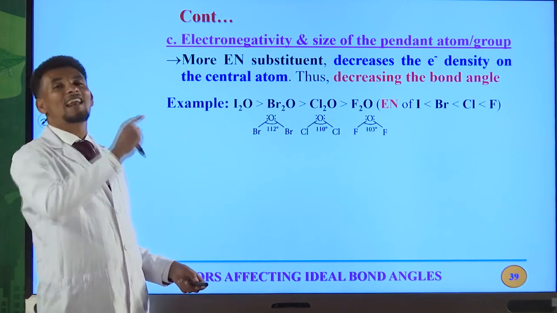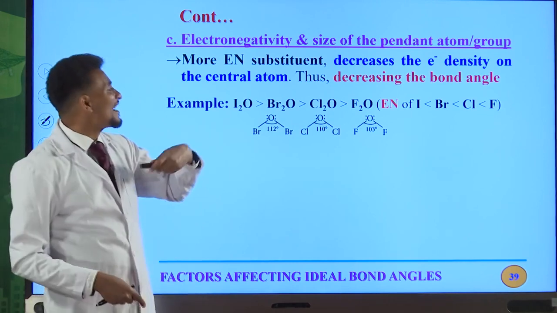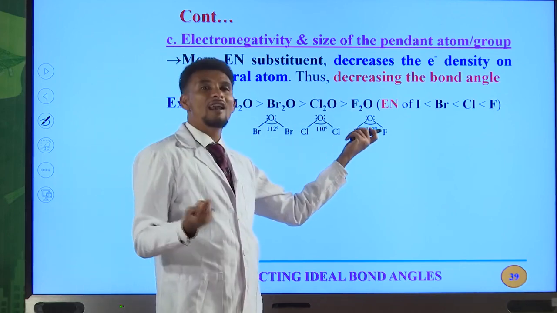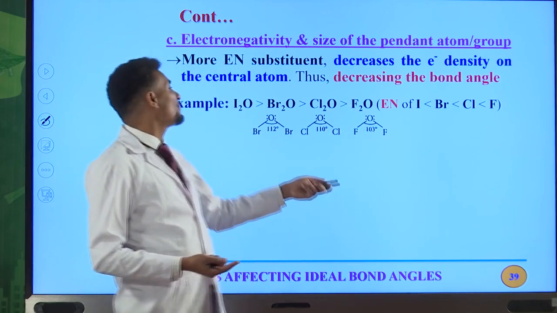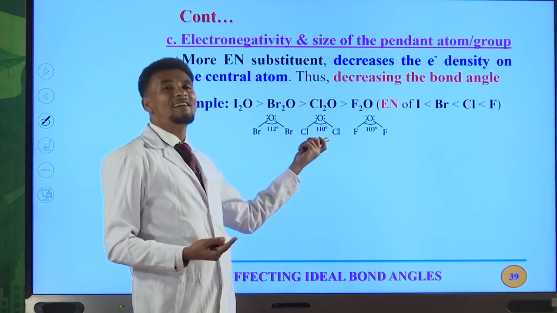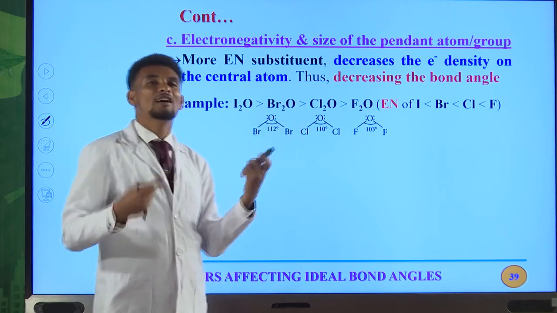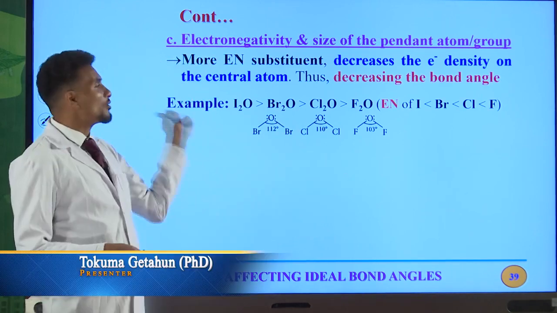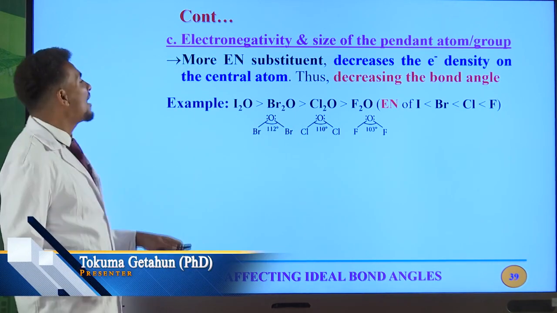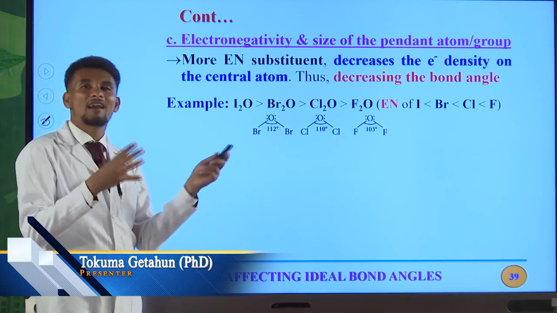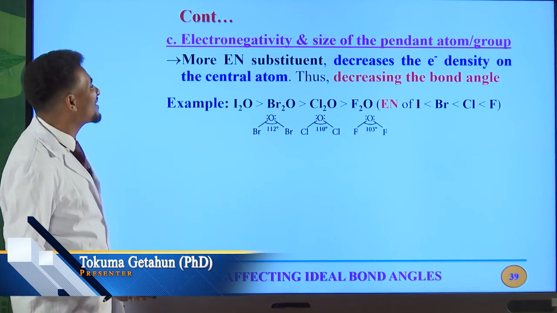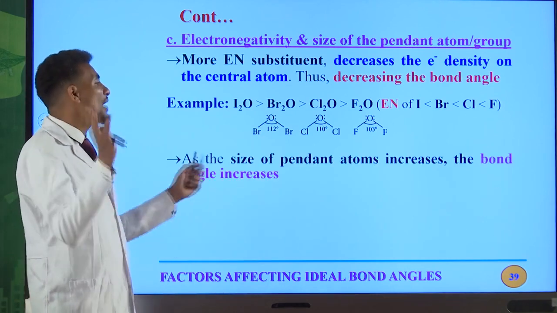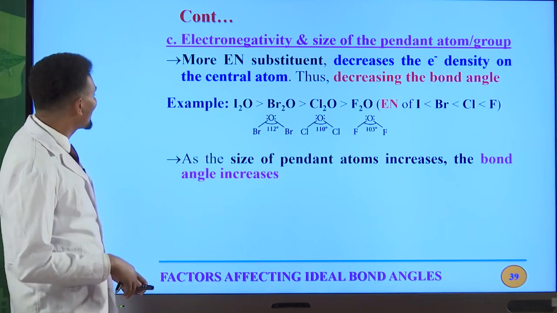Therefore, as the electronegativity of the pendant atoms increases, the bond angle decreases. This molecule has a smaller bond angle, 103 degrees, and this molecule 110 degrees. Why? Because of the electronegativity of the pendant or surrounding atom. Look at this example, and you can also compare the electronegativity of pendant atoms with the bond angles for each of the molecules.